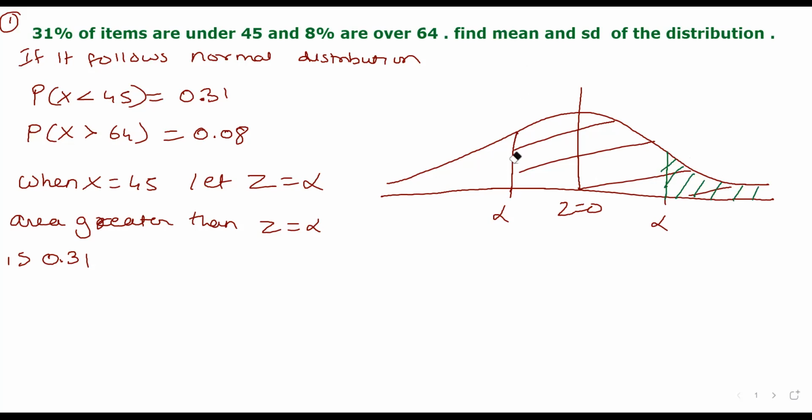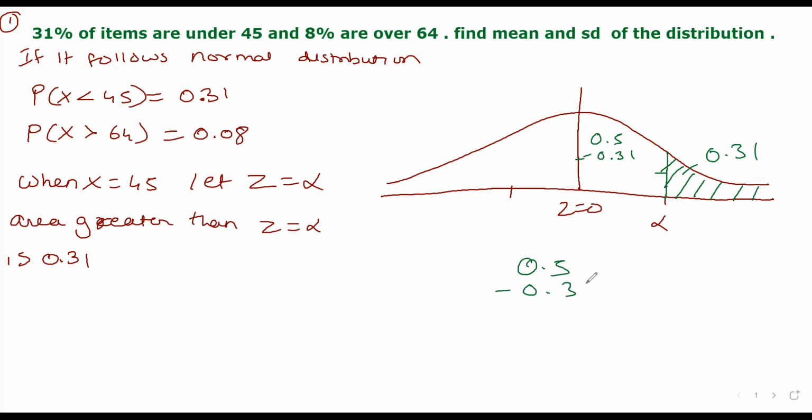So it means my alpha doesn't lie here. My alpha lies here, and this area is 0.31. If this is 0.31, what about this? This is 0.5 minus 0.31.